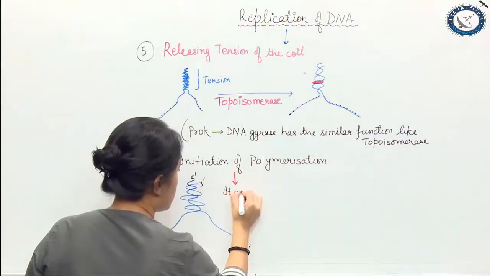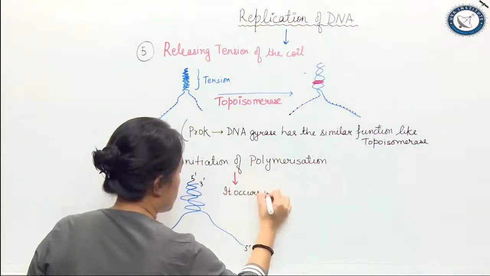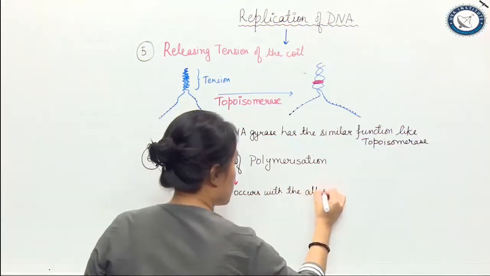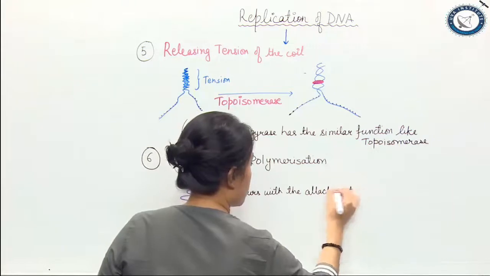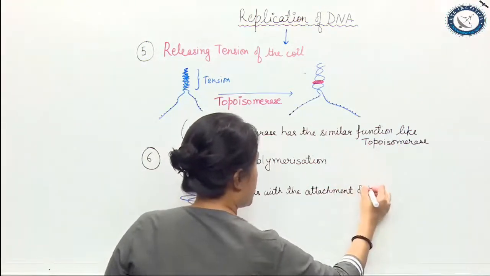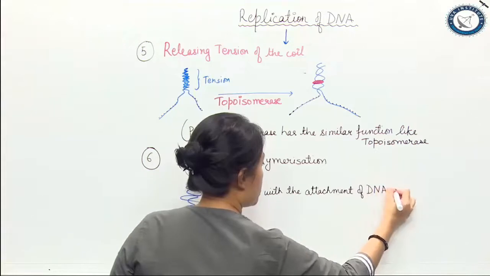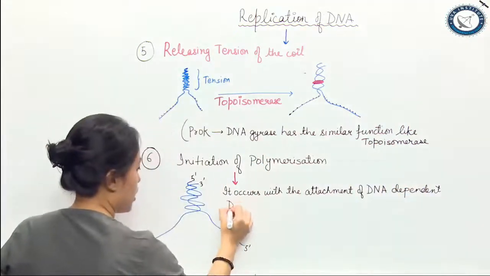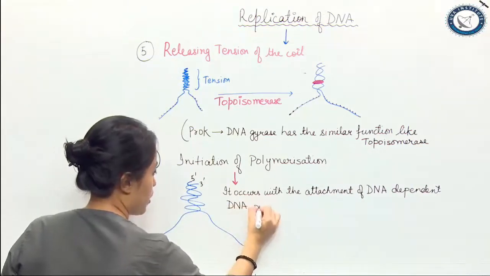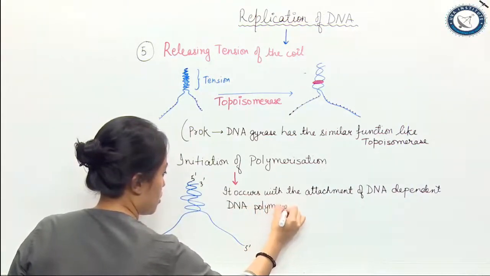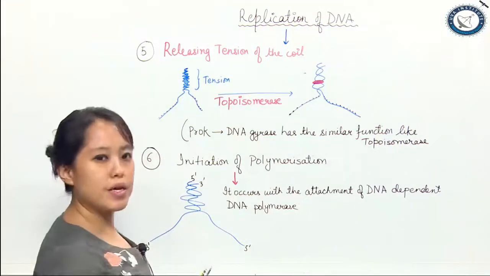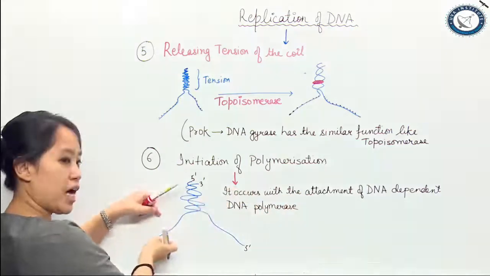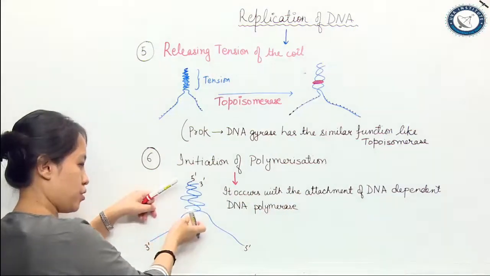Let me write down what I have just told you. It occurs with the attachment of DNA dependent DNA polymerase. Of course, DNA dependent DNA polymerase is supposed to attach here and initiate the process.